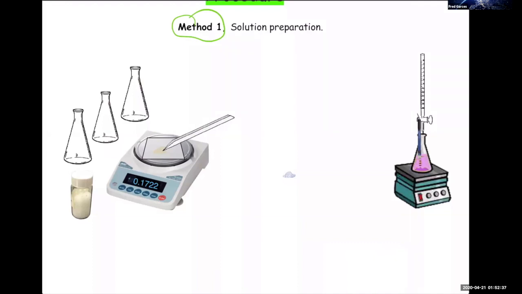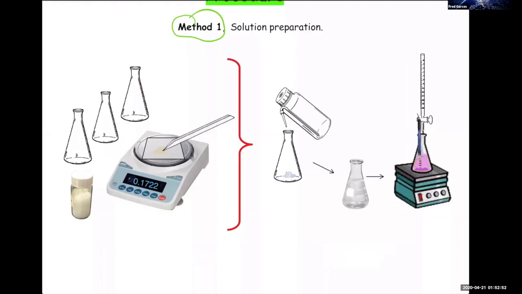You're doing 3 trials. So you take your unknown and weigh it, and determine a mass so that when you titrate that acid, you're using less than 50 milliliters. That's going to be provided for you. Then you add water, and the reason you can add water is because the moles of the acid is fixed based on the mass.